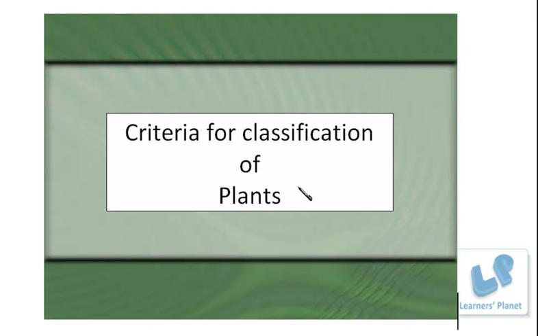Now further, the organisms present in this kingdom of course have dissimilarities also, right? And if they are multicellular, then definitely they must have different levels of body organization or different levels of complexity, isn't it? So further I'm going to discuss the criteria which is used to classify the plants into subgroups, right?